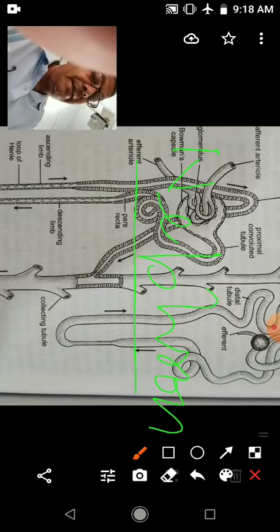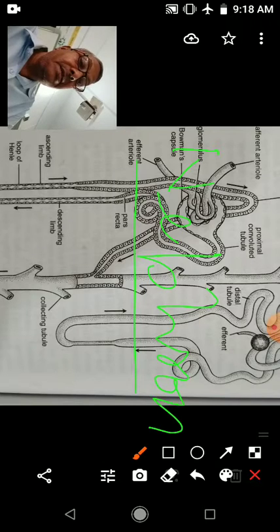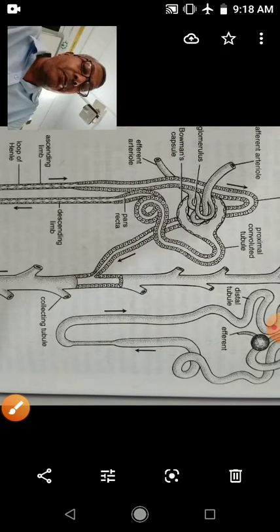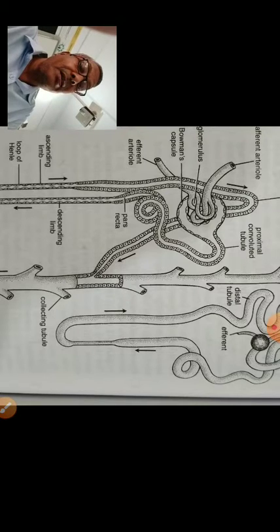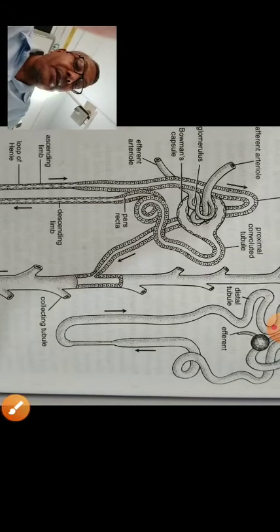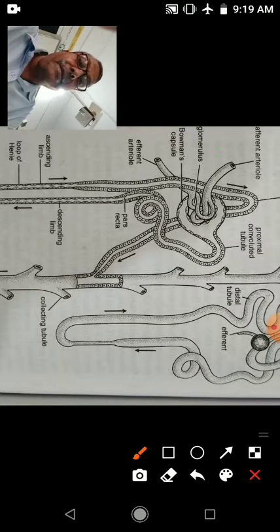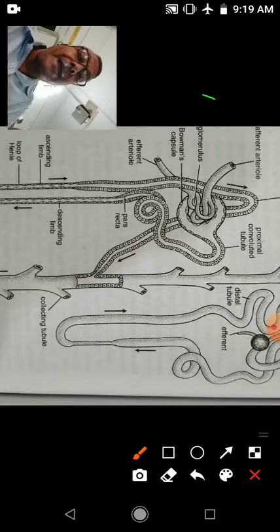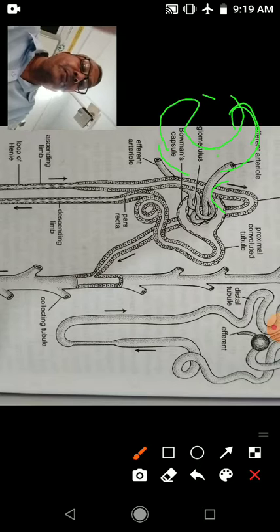When you see the structure of the nephron, this is the complete structure. The front portion is a cup-like structure, known as Bowman capsule.